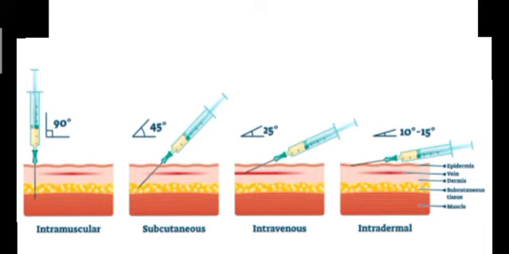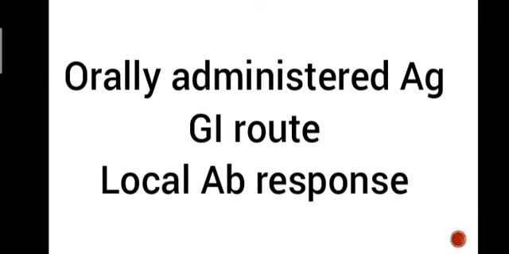Antigen administered subcutaneously moves first to cells present in the skin and then to the local lymph nodes, and intravenously administered antigens are carried first to the spleen, where they can either induce unresponsiveness or tolerance, or, if presented by antigen presenting cells, generate an immune response. Orally administered antigens, that is the gastrointestinal route, elicit local antibody responses within the lamina propria.